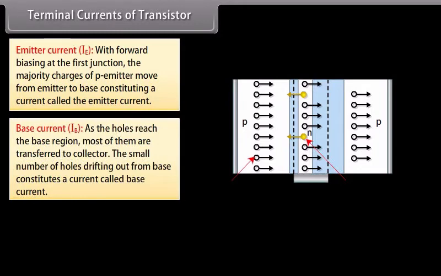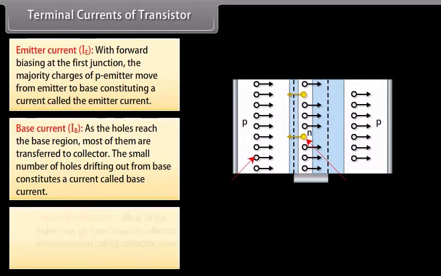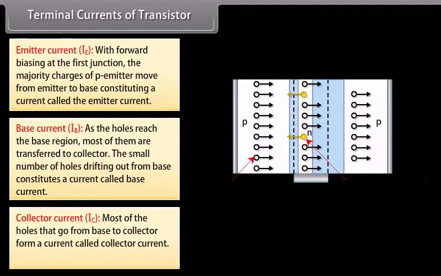Base current, IB. As the holes reach the base region, most of them are transferred to the collector. The small number of holes drifting out from the base constitutes a current called base current. Collector current, IC. Most of the holes that go from base to collector form a current called collector current.